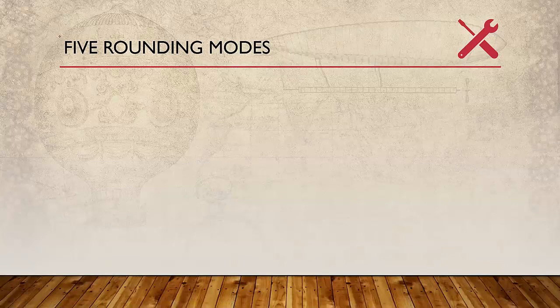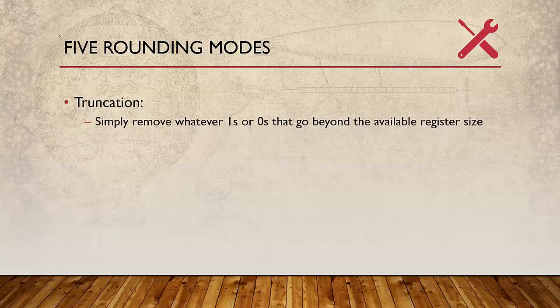There are 5 rounding modes that we want to cover in our class. The first one is truncation, which is a simple removal of either 1 or 0 that goes beyond the available register size. We just throw it out.